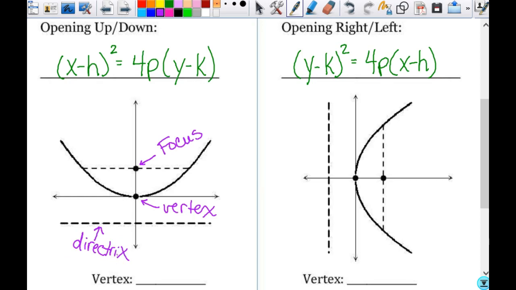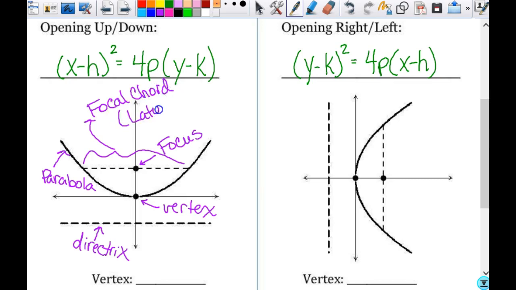Okay. This thing right here is actually our parabola. Okay. Then this whole thing here is called the what? This whole segment here. This is the focal chord, or the other name for it, same thing, is the latus rectum. This just doesn't sound very nice.